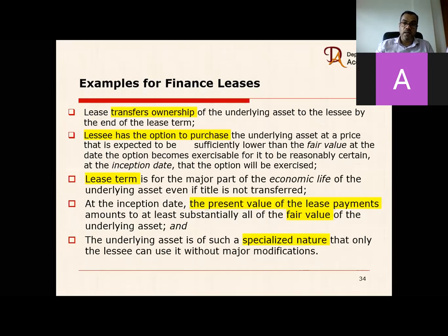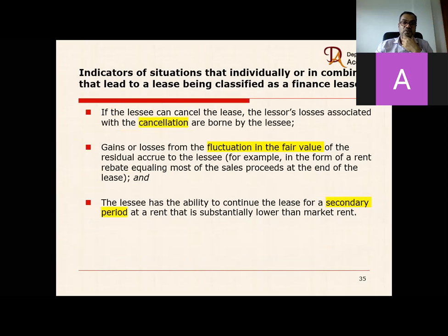An aircraft bought by an airline, a special aircraft to carry. So a good example is the military or any other research item used in laboratories, scientific research, which cannot be used as an asset for any other purpose unless you modify. If that's the case, such assets are finance leases because there is no use of that asset for others, right? That is the simple reason, unless you modify.